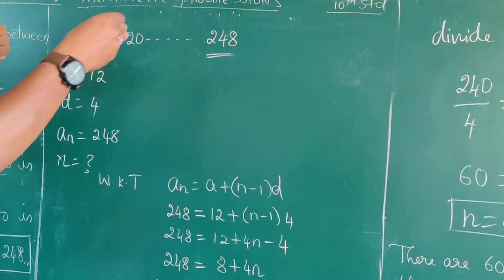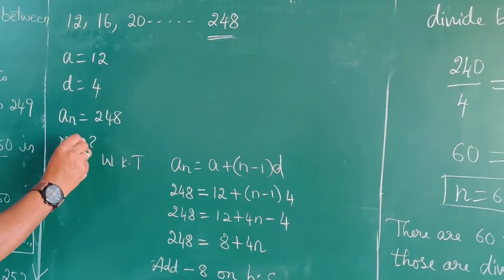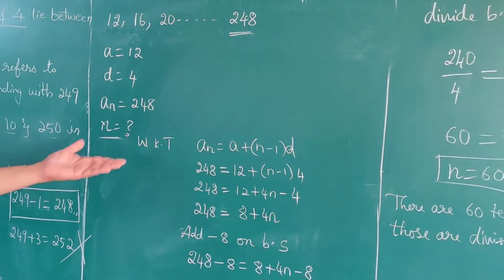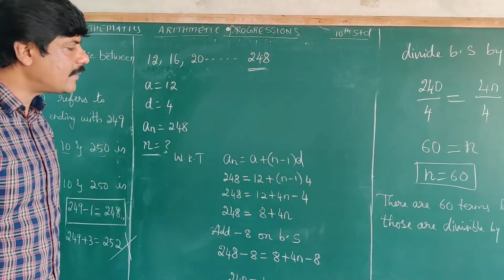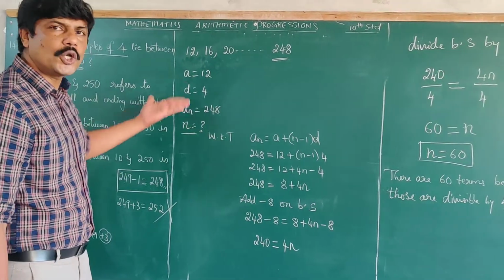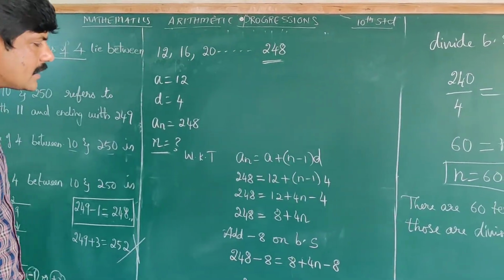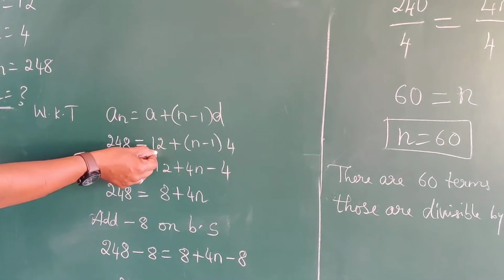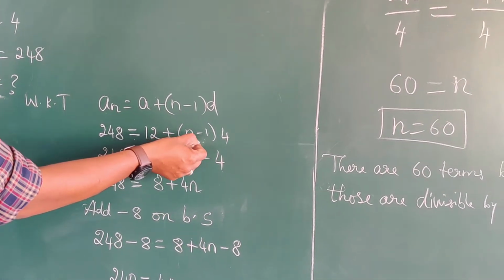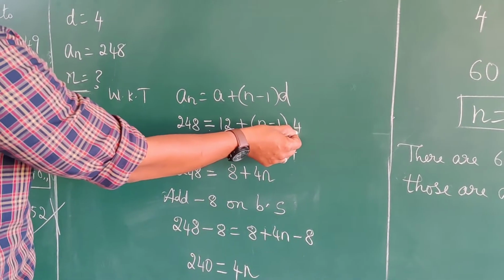How many terms there are, we do not know. That we will get using the nth term formula. You know that a_n is equal to a plus (n minus 1) times d. Substitute all the given data. a_n is 248, equal to a is 12 plus (n minus 1) into d is 4.